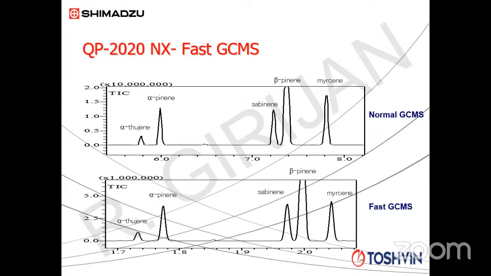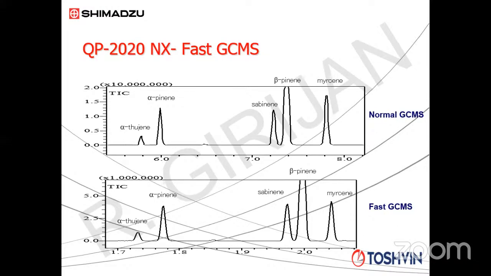Now, for fast mode, we are going to use a microbore column, 0.1 mm ID. Instead of 0.32 mm ID, we are going to use a 0.1 mm internal diameter column. Instead of 50 meter length, we are going to use 10 meter length. Instead of 0.5 micron film thickness, we are going to use only 0.1 micron film thickness. Ultimately, the column type is different.